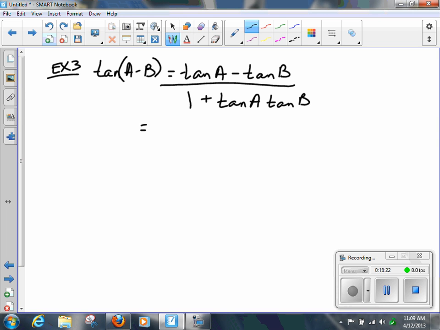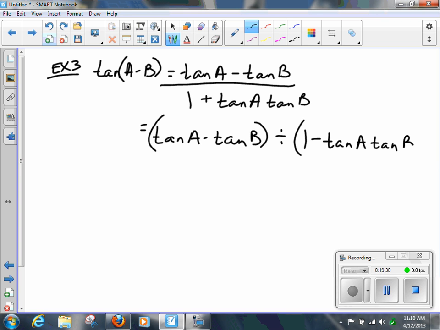Now, old school. What I've done is I've just gone old school and I've got the numerator divided by the denominator.